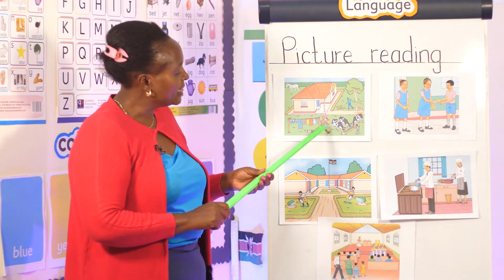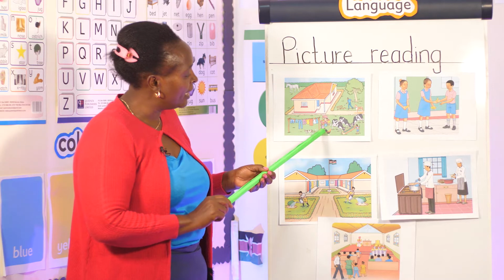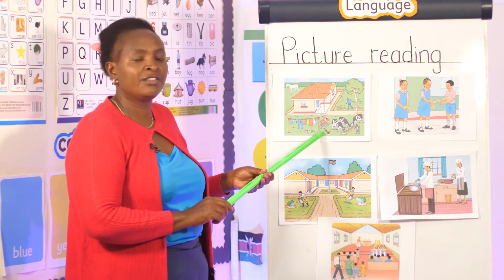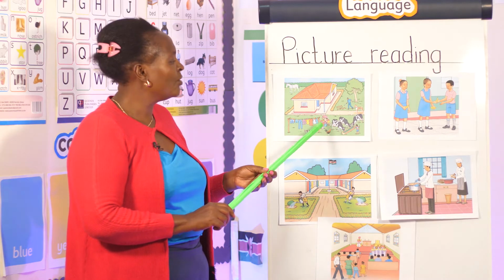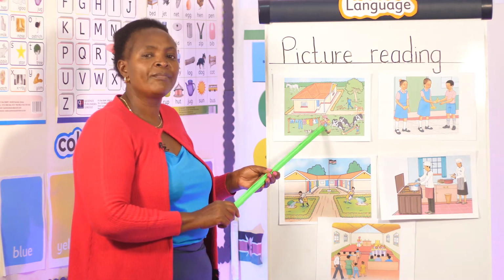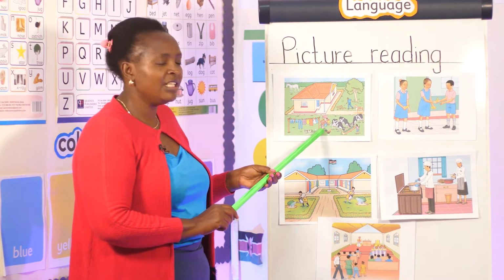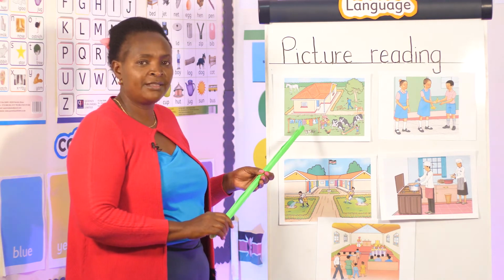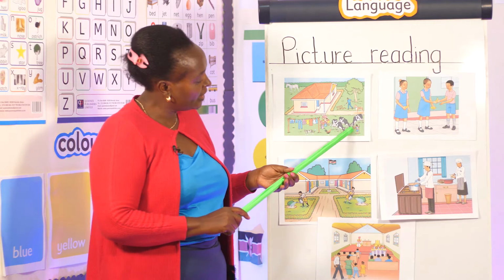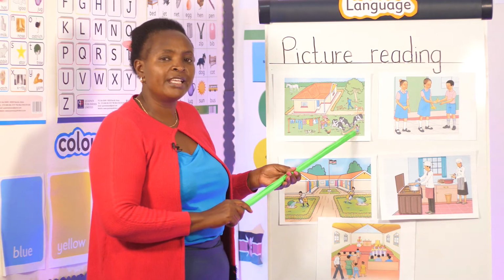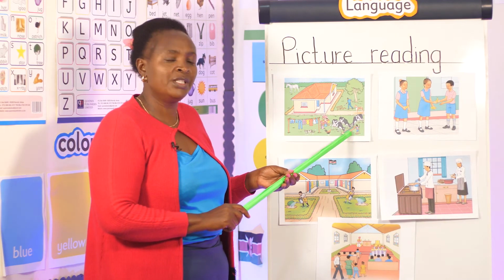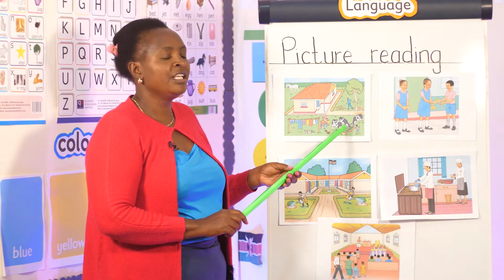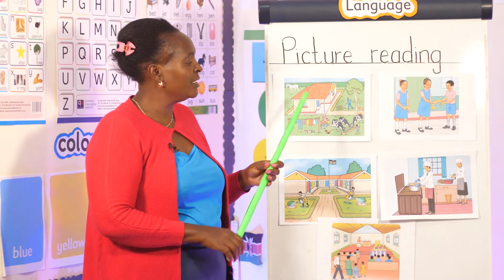Now, I can see here a mom and a young girl. They are washing the clothes for the family, right? So, what is the mommy doing? The mommy is training the girl on how to wash clothes, right? Here at the corner, we can see a young boy. What is he doing? He is feeding the animals. He is training to take care of the animals.